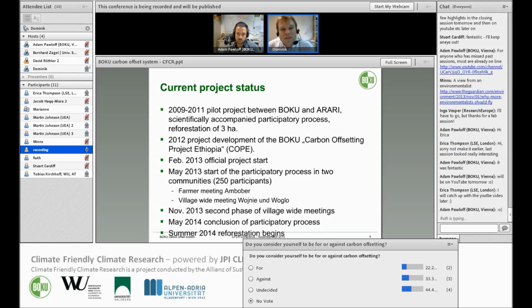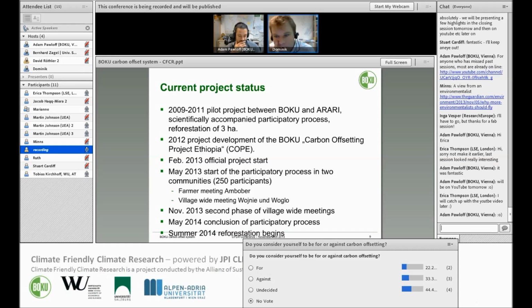So the current project status is that in 2009 to 2011 there was this pilot project where this PhD was implemented and finalized, and this test was successful, let's say, and in 2012 the real project development of our carbon offsetting project started.